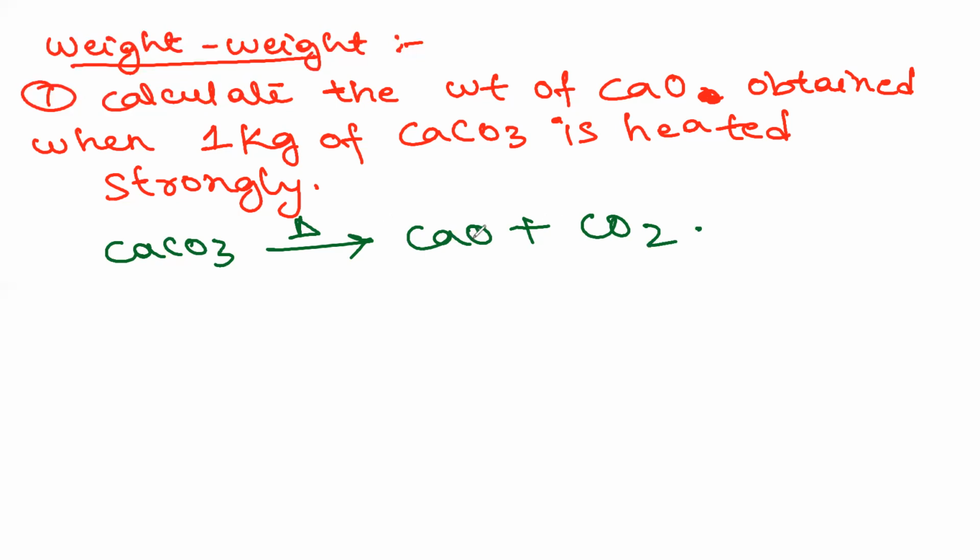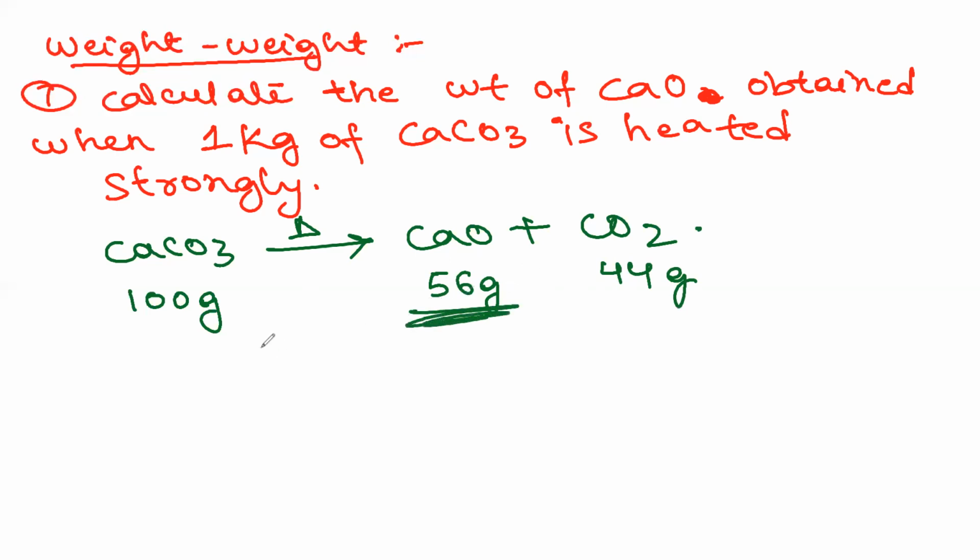Now this is a balanced stoichiometric chemical equation: calcium carbonate on heating gives calcium oxide plus carbon dioxide. Since they have compared weights, we are doing a weight relationship. We know from the equation, 1 mole of calcium carbonate is 100 grams. 100 grams of calcium carbonate gives 56 grams of calcium oxide, because calcium is 40 plus oxygen 16, and 44 grams of carbon dioxide. They have not mentioned carbon dioxide, only calcium oxide.